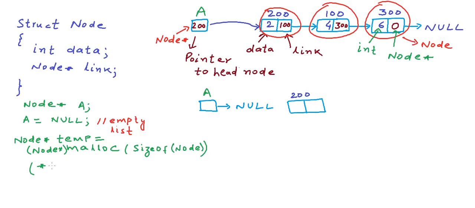As we know, if we put an asterisk sign in front of the pointer variable, we mean dereferencing it to modify the value at that particular address. Now in this case, we have a node which has two fields. So once we dereference, if we want to access each of the fields, we need to put something like a dot data here to access the data and a dot link to write to the link field.